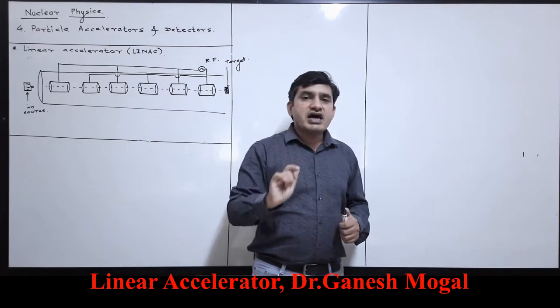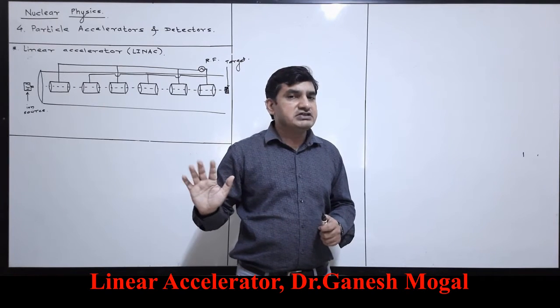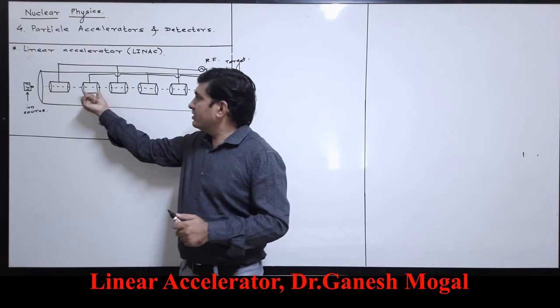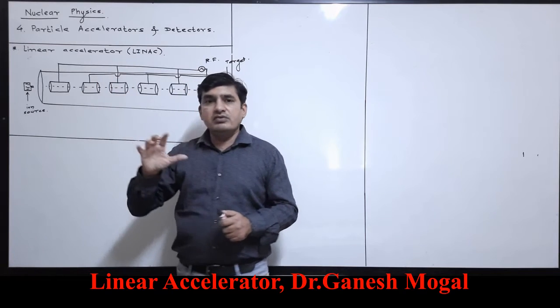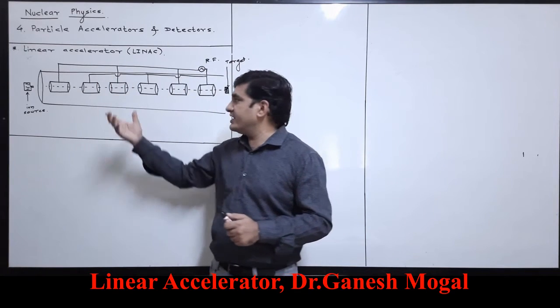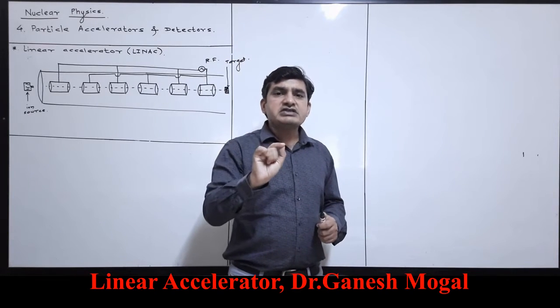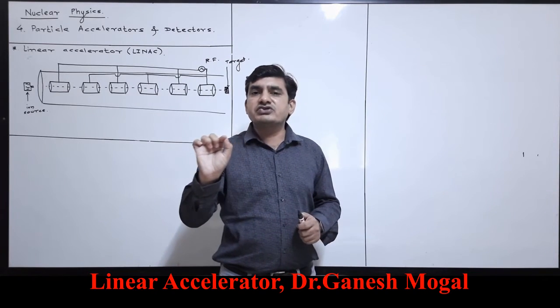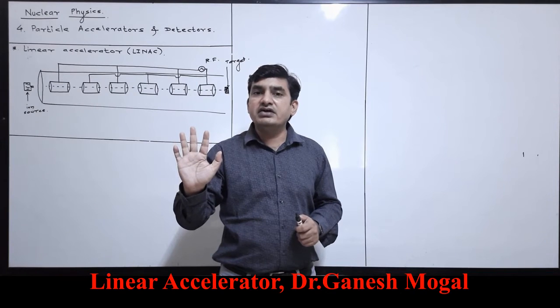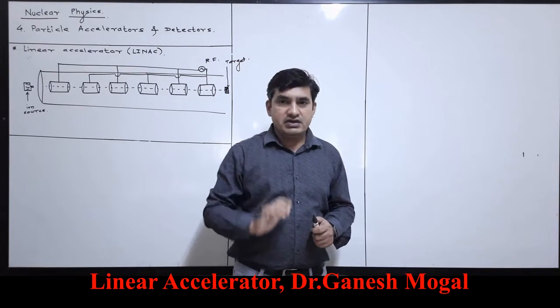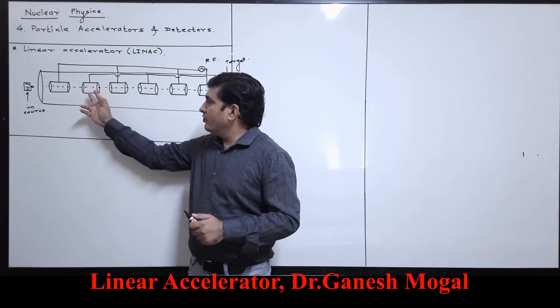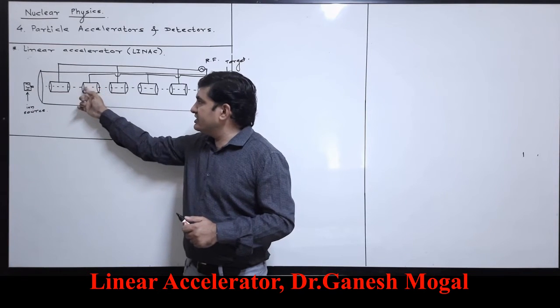The charge on the particle is positive and the potential across the second cylinder is negative, and therefore the charged particle moves with constant velocity inside this cylinder.